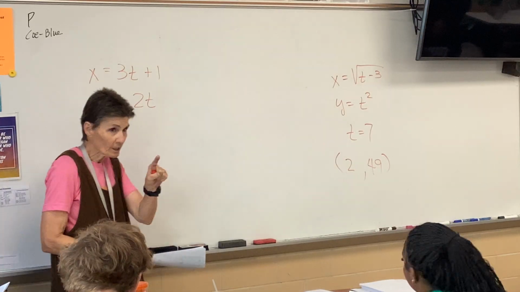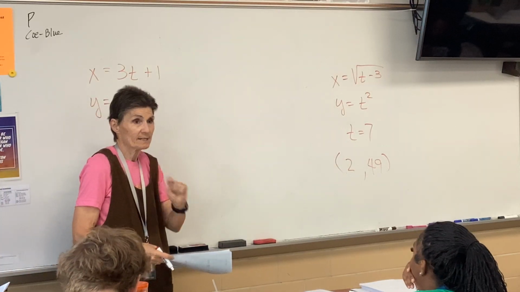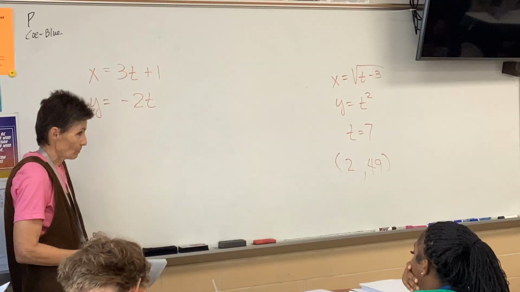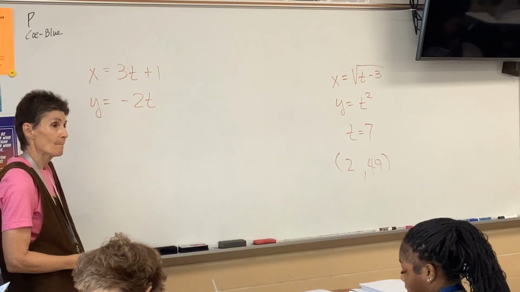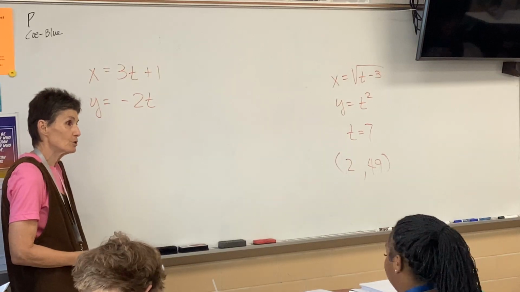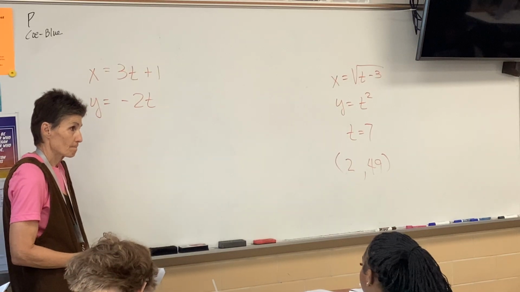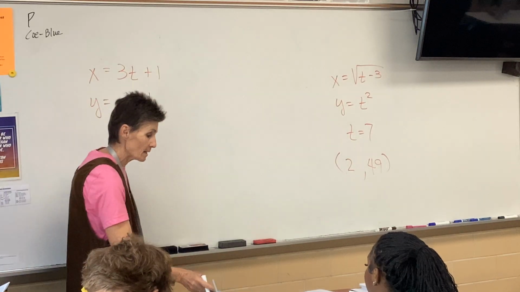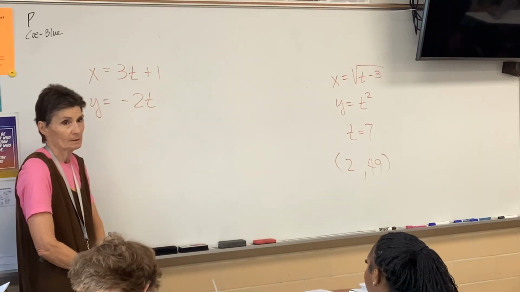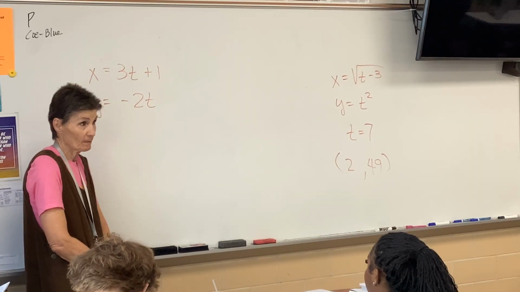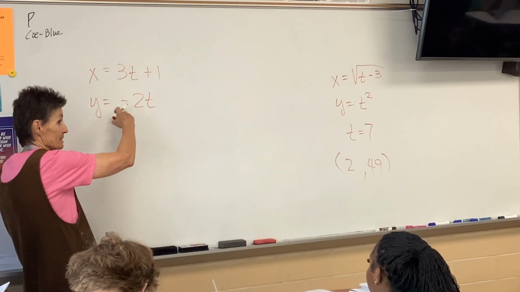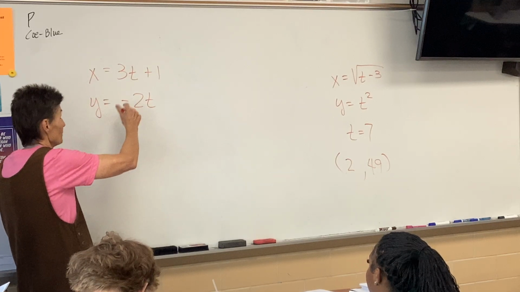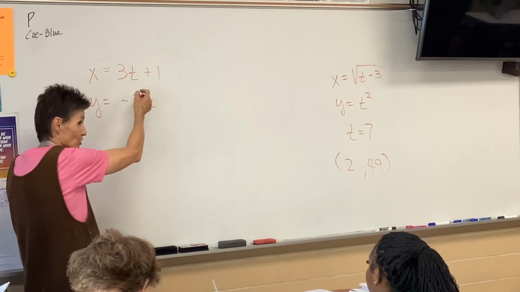So what you're going to do is get rid of the t. Now there are a couple of ways you can do that. Do you remember the process of substitution and elimination? If I want to get rid of the t's, these are not going to match.